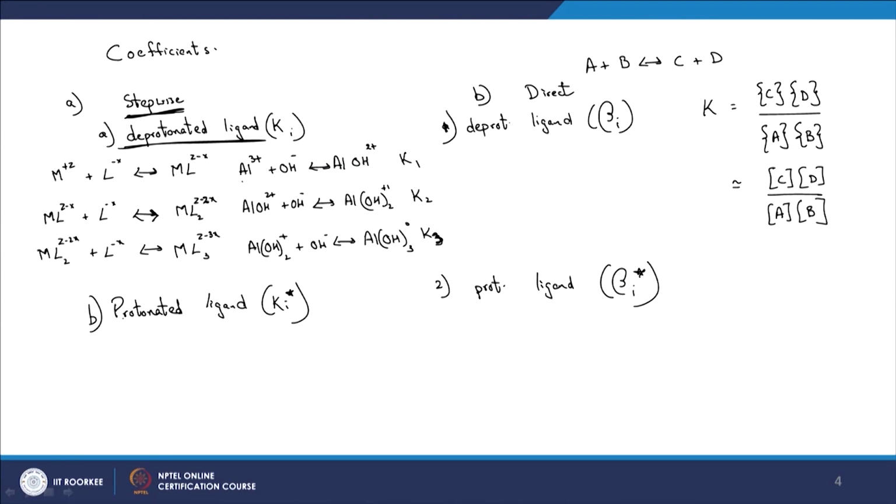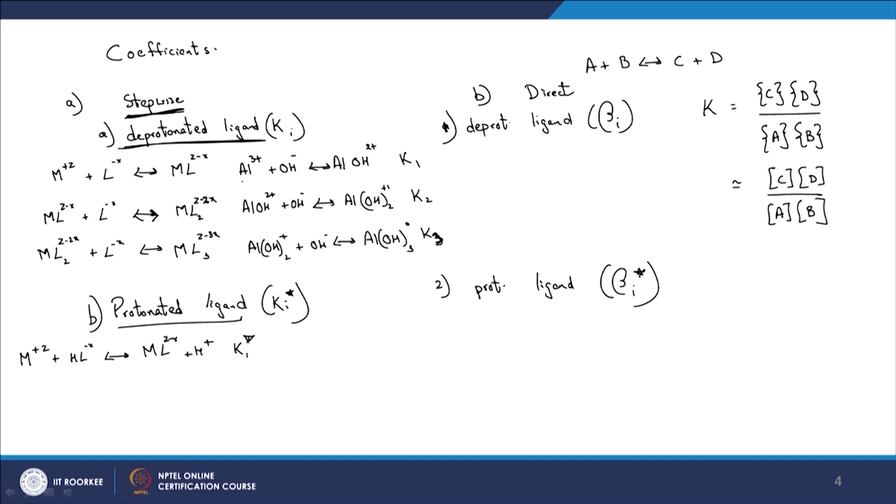If it is a protonated ligand, it is still stepwise, and now we are going to talk about the protonated ligand. That is self-explanatory. It is M plus ZHL, where the charge on L is going to be minus X. Keep in mind that it is an approximation, as we are writing a generic form. It is going to be ML with charge Z minus X plus H+, and the coefficient here is going to be K1 star.